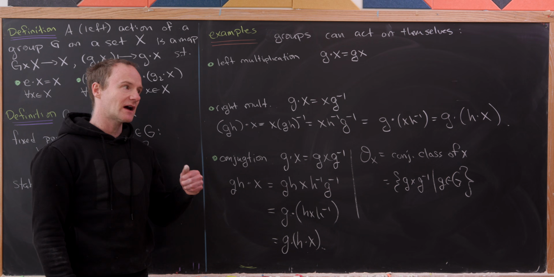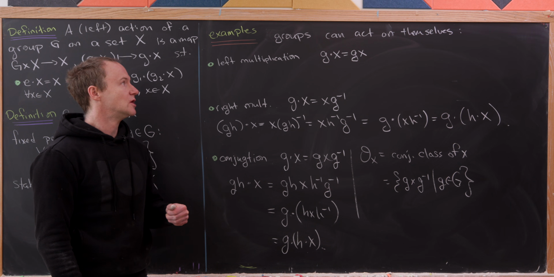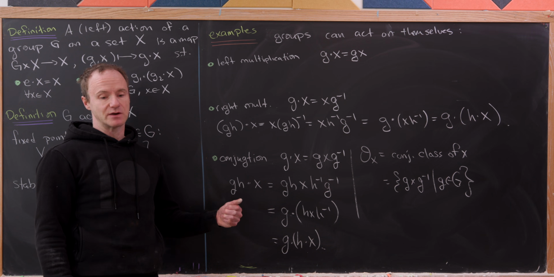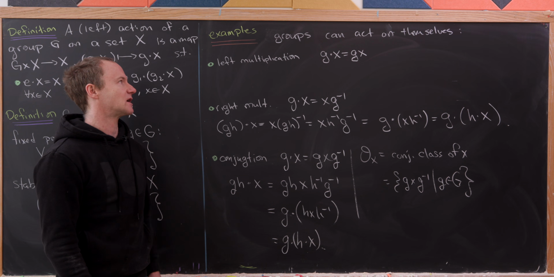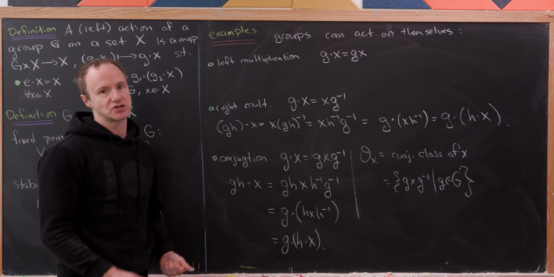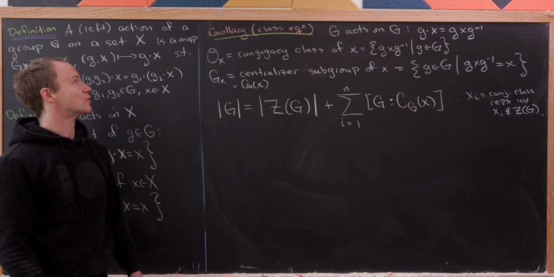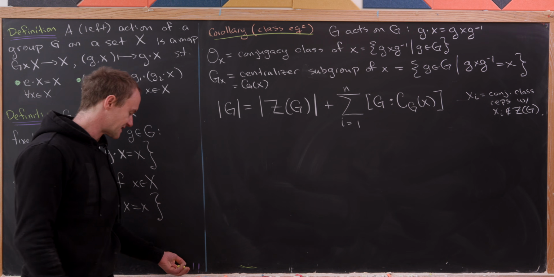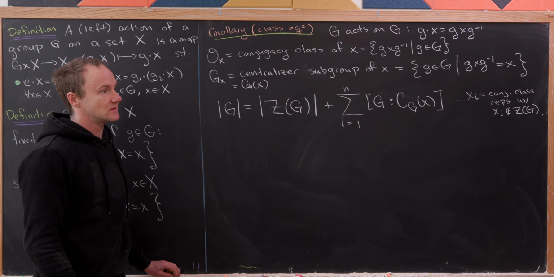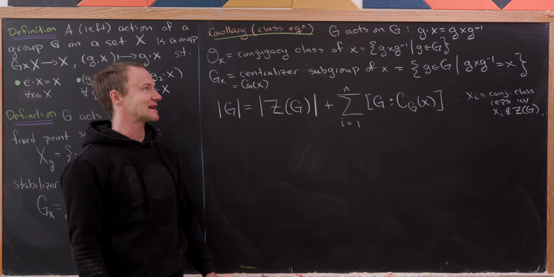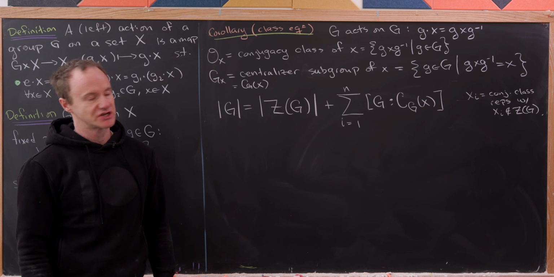Okay, great. So now let's see what we can do with the class equation and groups acting on themselves via conjugation. This is a really quick corollary to the class equation, just in the language of G acting on itself via conjugation.